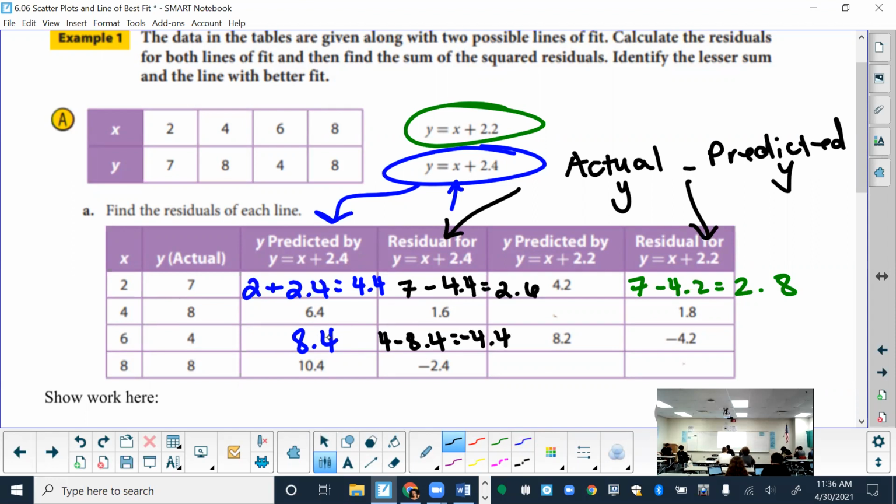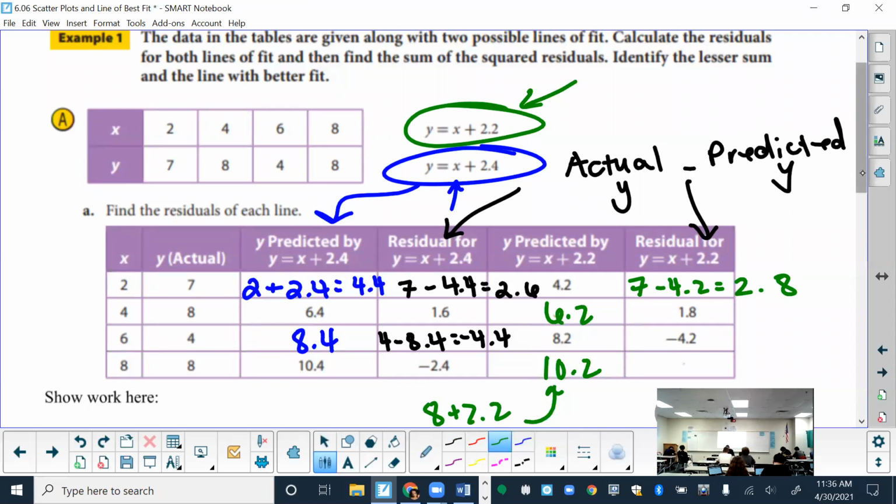All right, so good. Now, what was your predicted y value for the green equation when x is 4? 6.2, that is correct. And then again, when x is 8, 10.2. So again, if you're not sure how we're getting that, we're plugging it into this equation. So like this box is 8 plus 2.2.